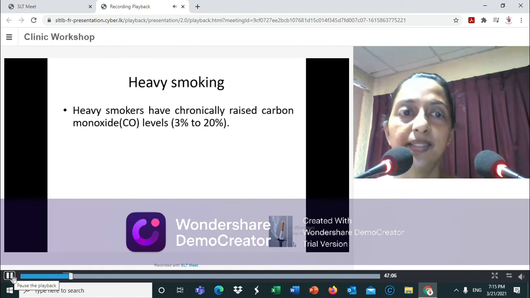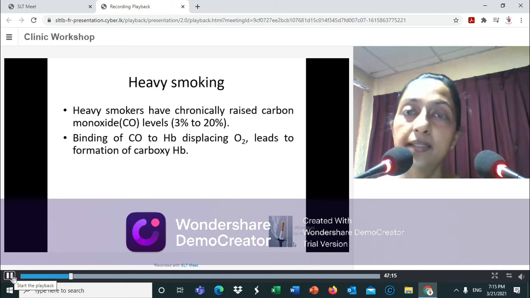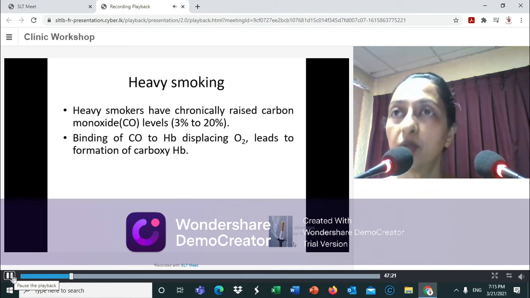Anyway, heavy smokers have chronically raised carbon monoxide levels, 3 to 20%. Binding of this carbon monoxide to hemoglobin, displacing oxygen, leads to formation of carboxyhemoglobin. So these heavy smokers have carboxyhemoglobin in their blood.